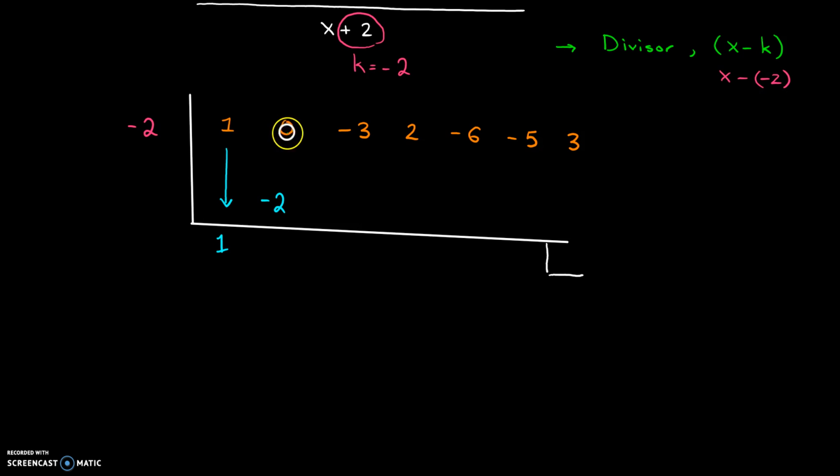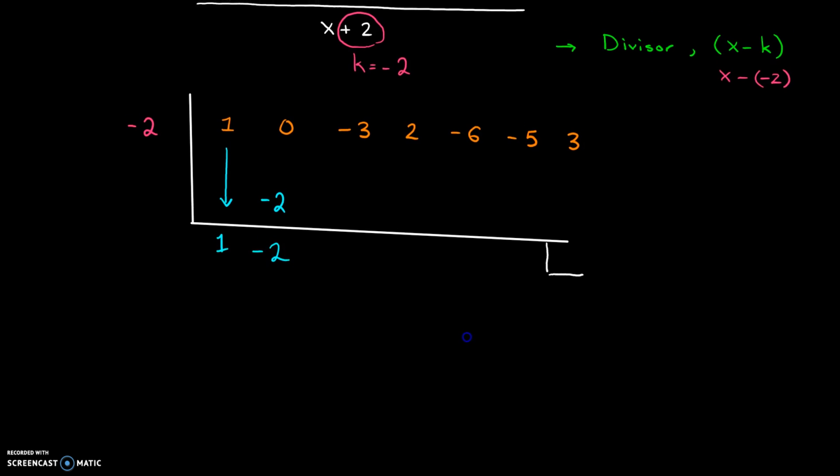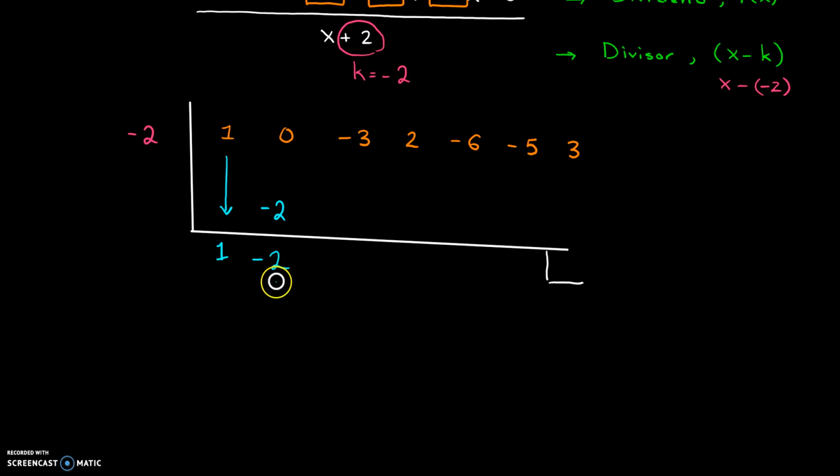Then I multiply negative 2 times negative 2 and get positive 4. Then I add, and keep doing the same thing over and over. Negative 3 plus 4 gives us 1. Then 1 times negative 2 is negative 2, and 2 plus negative 2 is 0.